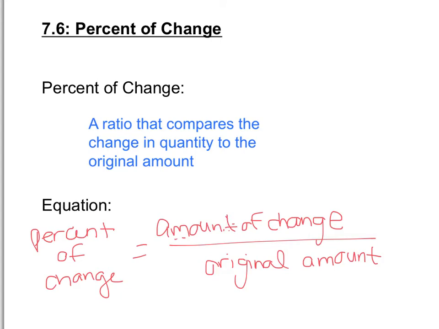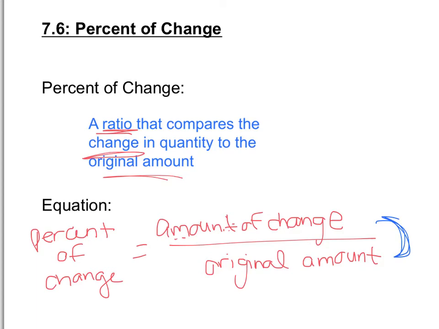Okay, so like we've talked about before, we know a ratio is something that compares two numbers, right? So is this a fraction or something that has a colon in between, that kind of thing. So it's a fraction, a ratio, comparing the change in a quantity to the original amount, which is what you see here. You're seeing that fraction because it's comparing one thing to another. This is just a ratio. Okay, when we do some examples, you're going to really start to understand this.